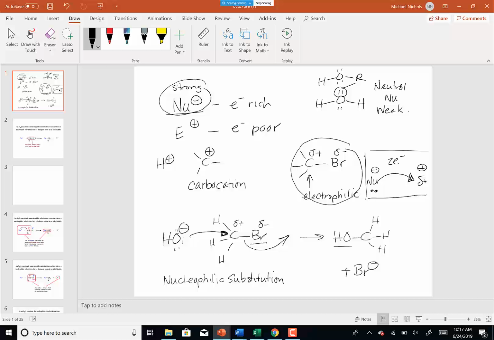I'm substituting one nucleophile, in terms of it being electron-rich OH minus, and I'm forming a nucleophile on the other side. So this is substitution with a nucleophile forming another nucleophile. So this is what we call nucleophilic substitution. And so abbreviating that, it's substitution nucleophilic, so S with a small n.